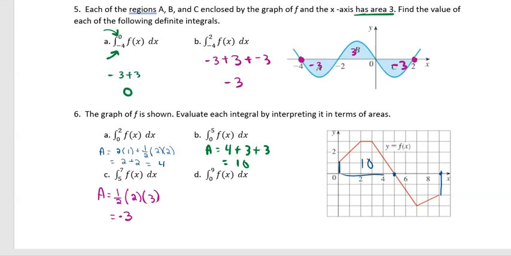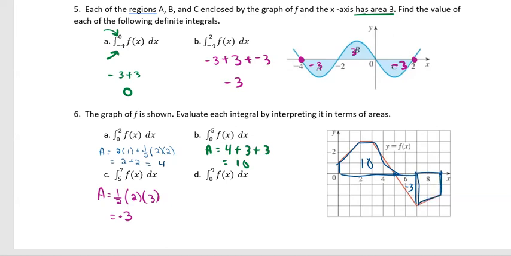So we already got this whole piece taken care of. And when we're looking at these integrals, we can add up the areas and that'll work. We already figured out from 5 to 7, and that was our -3. So it looks like the only piece we have yet to figure out is this last piece right here.